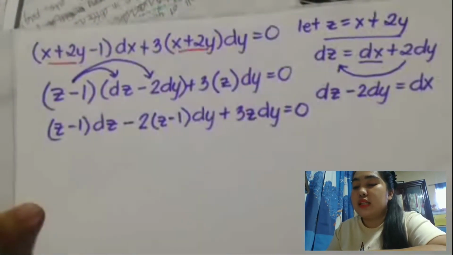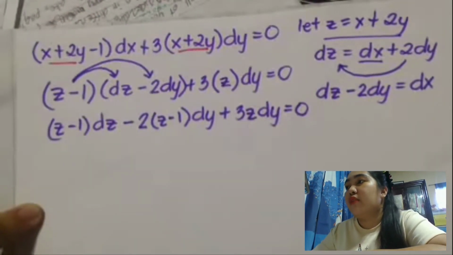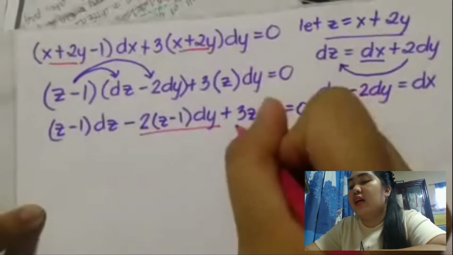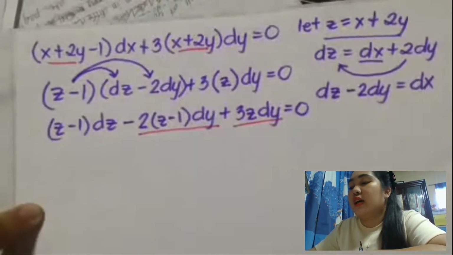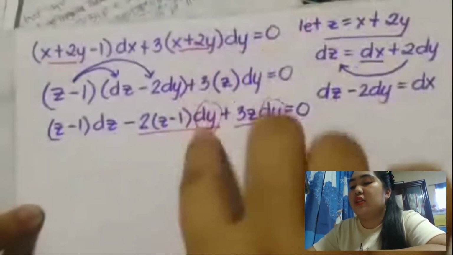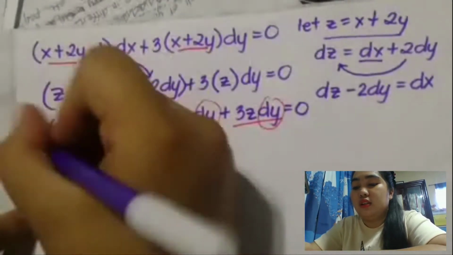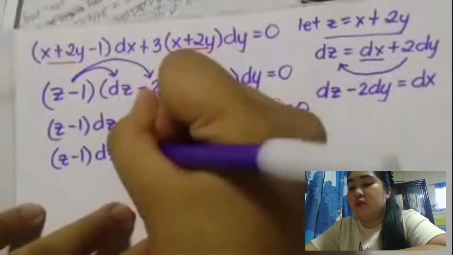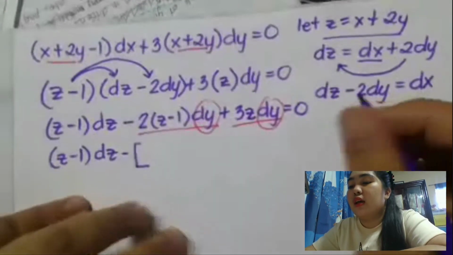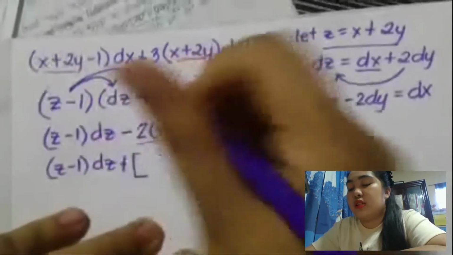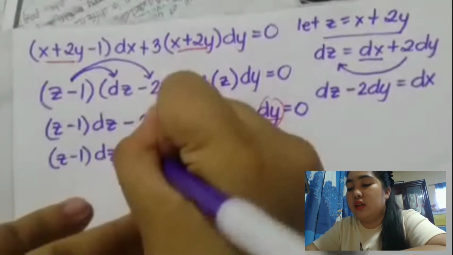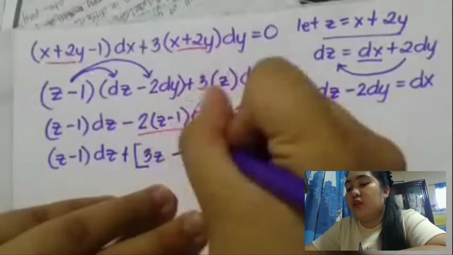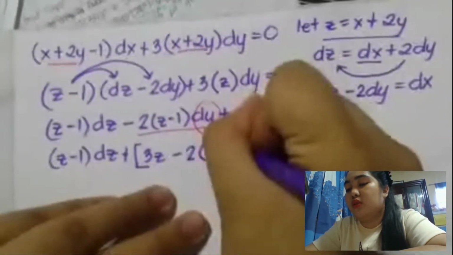So, next is, meron tayong pwedeng i-factor out dyan. So, itong -2(z - 1) dy tsaka itong 3z dy, kasi parehas silang may dy. So, pwede natin siyang ilagay. Copy lang natin itong (z - 1) dz. Tapos, magiging positive to kasi positive yung 3. So, unahin natin yung 3z. Tapos, ito naman, minus 2(z - 1).